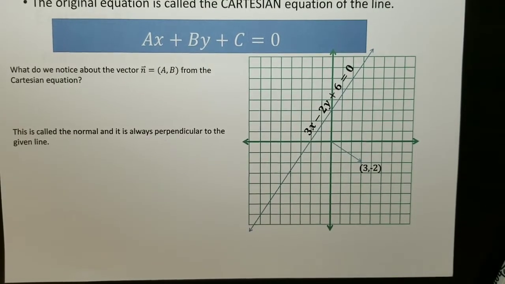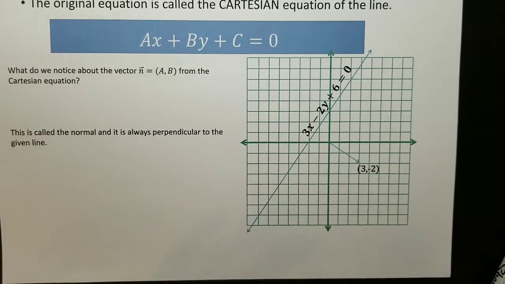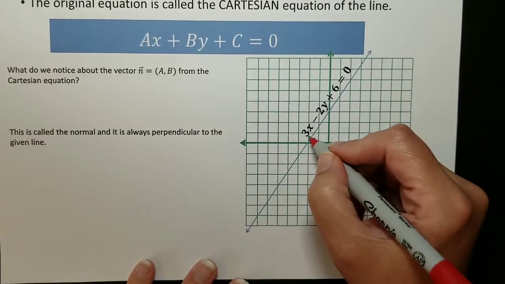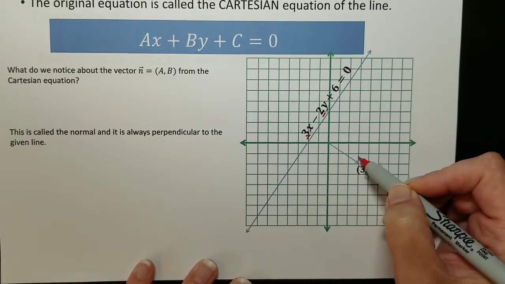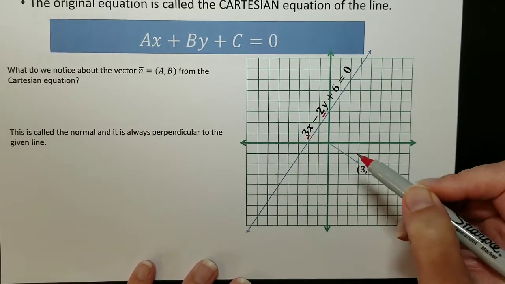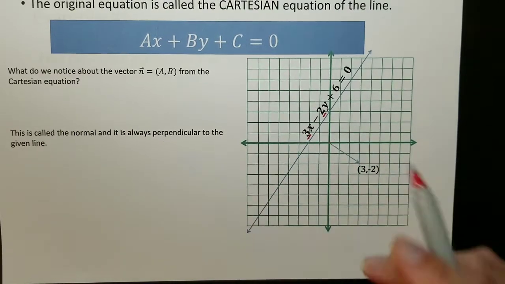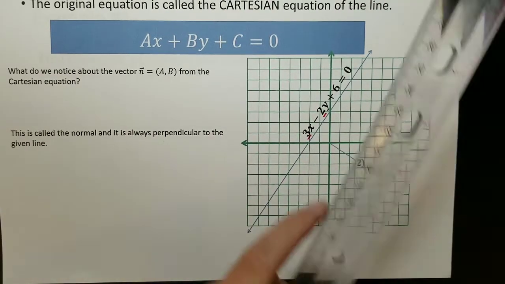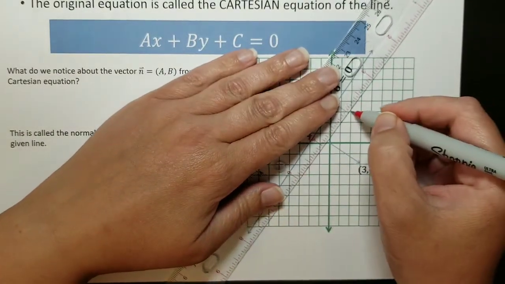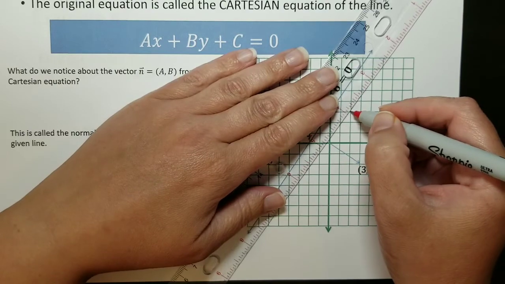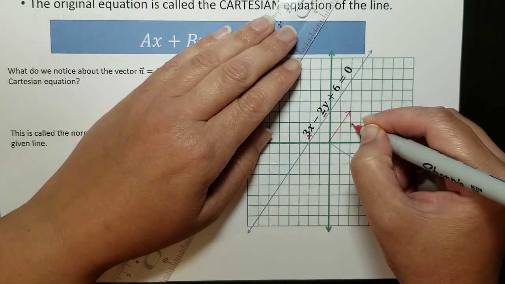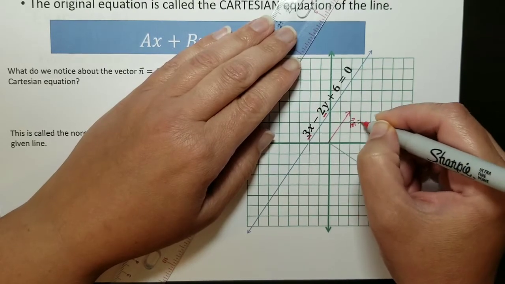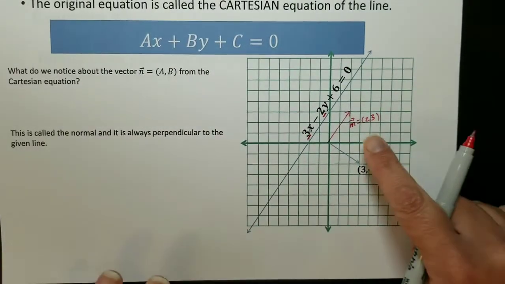And I just want you to take a look at the vector with the coefficients of the x and the y, so vector 3, negative 2. And we know that a vector in the direction of this line was 2, 3. So we knew that our vector m was 2, 3.